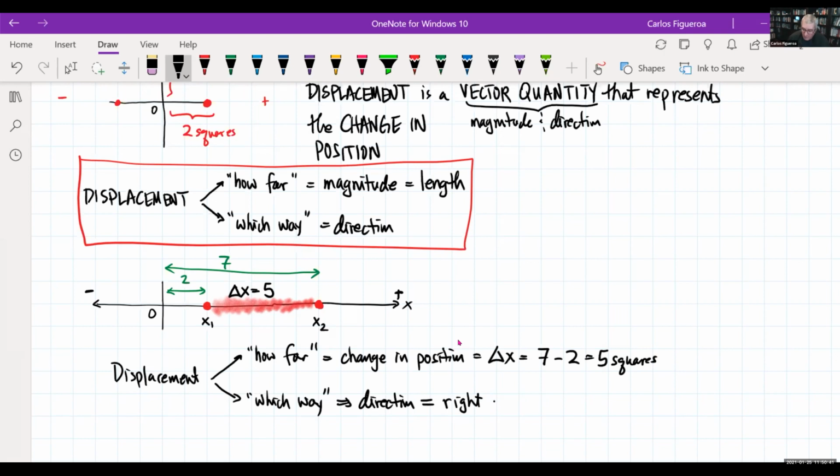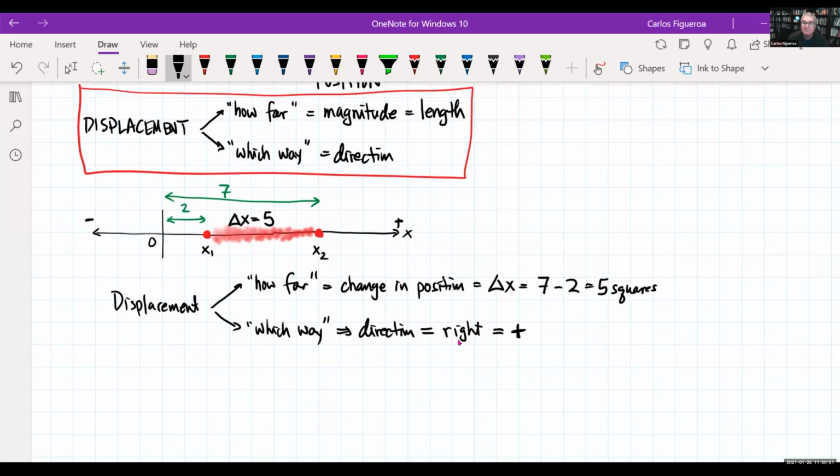And if we're going to the right, we typically give that with a plus sign. So what you're seeing here is that my displacement really looks like this. I have something called the displacement, and there's two characteristics to it. One, it has this thing called 5, right?